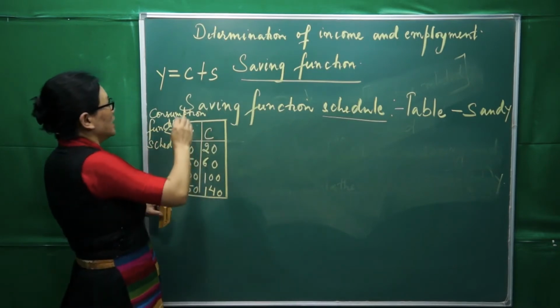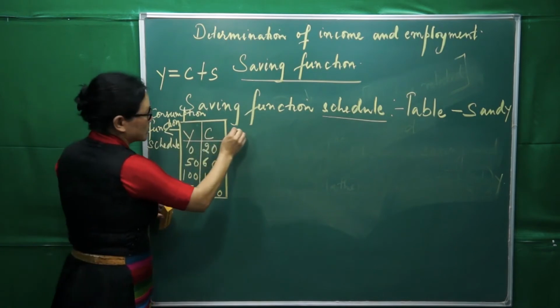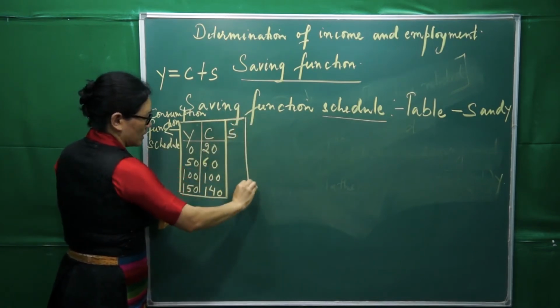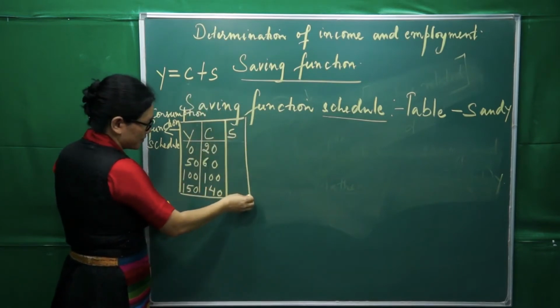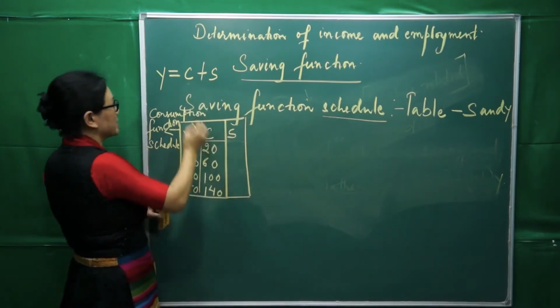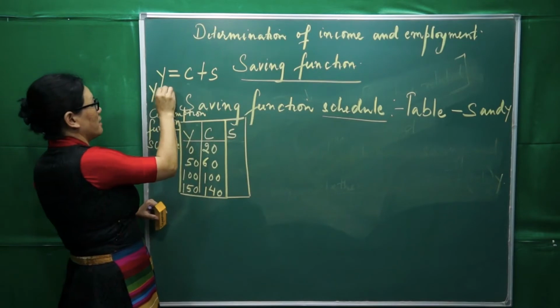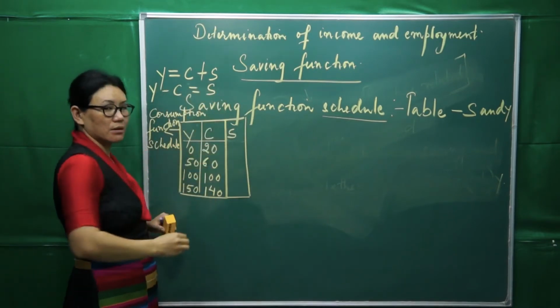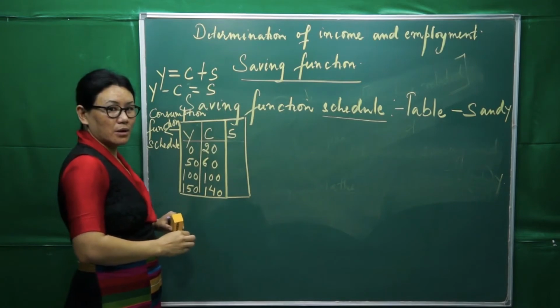Now, we need to find out saving. We have to use this: Y minus C gives us saving.